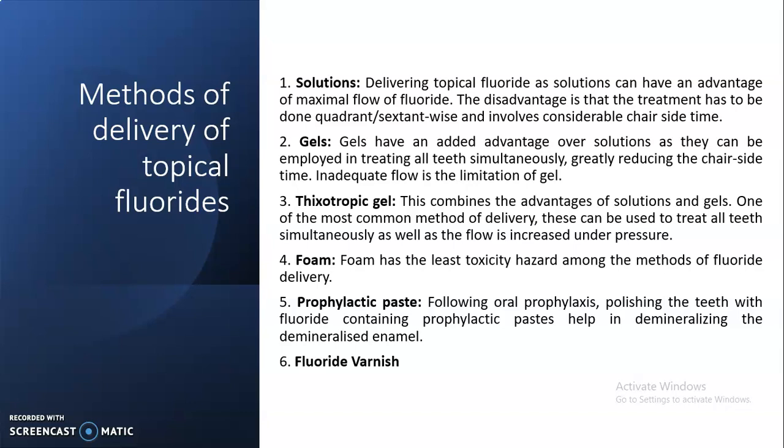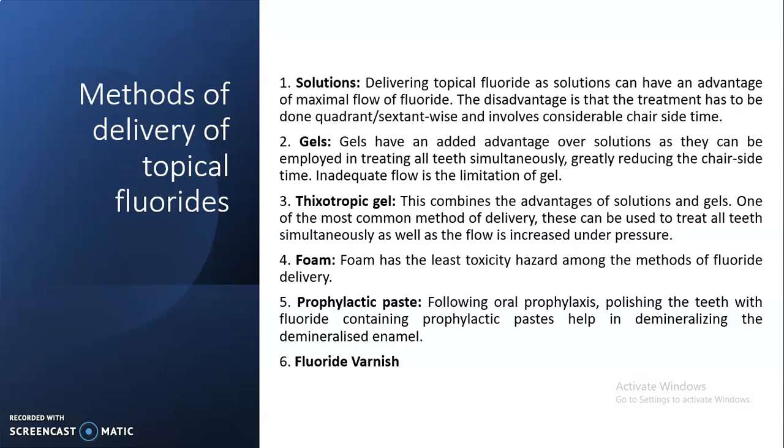The biggest disadvantage of the first 5 methods of delivery is that more than 2/3 of the concentration of fluoride applied gets diluted in saliva, whether applied as solutions, gels, thixotropic gels, foam, or prophylactic paste. This is a big concern as far as the bioavailability of fluoride is concerned, and hence fluoride varnish is different from the other 5 methods.